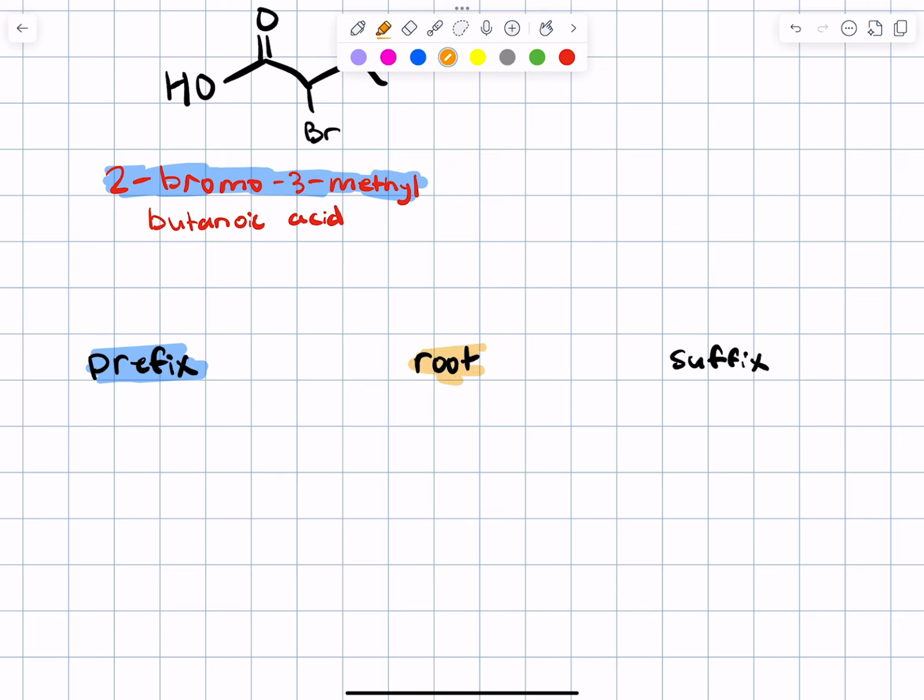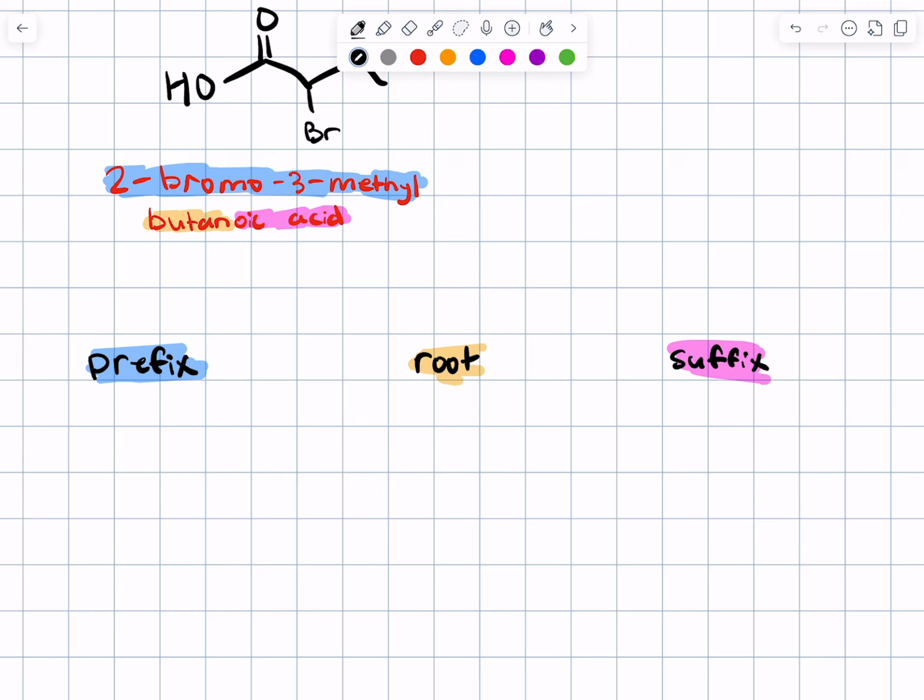My root is this little portion right there, and my suffix is that portion there. And again, just for your own note-taking purposes, we'll talk about each of these.